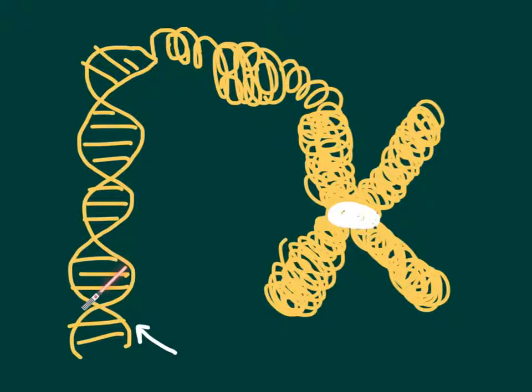Double helix composed of nucleotides. And to fit all of your DNA into a cell, there has to be some pretty creative packaging. So the first thing that's going to happen is it's going to wrap around a small protein ball called a histone.